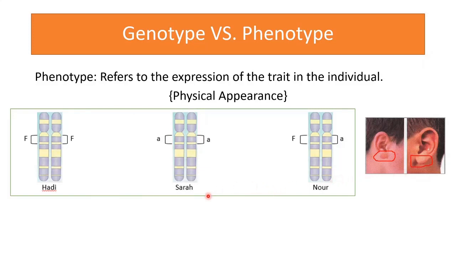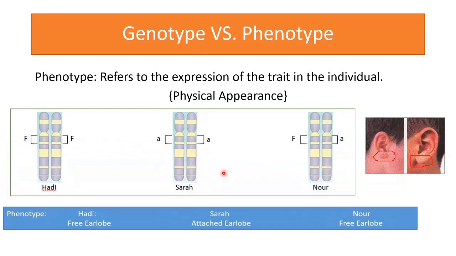Again, if I'm going to take as an example here Hadi, Sarah, and Noor. Hadi has two alleles, F and F. Last time we determined that since F is dominant, anyway we have two F alleles, so actually he's going to have a free earlobe and nothing else. Sarah is going to have attached earlobe. Noor has two alleles, F and A, her genotype FA, but what is her phenotype? Since free is dominant over attached, Noor's phenotype is going to be free earlobe.